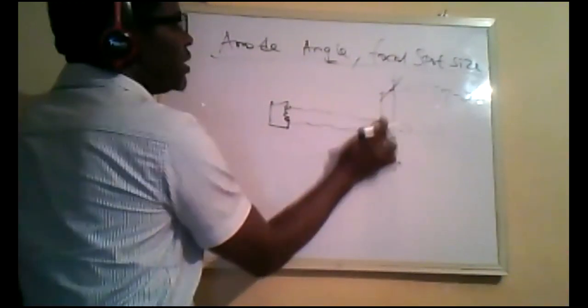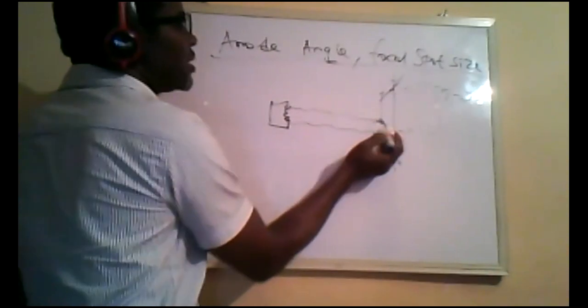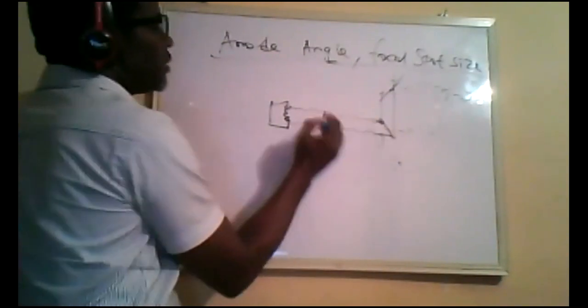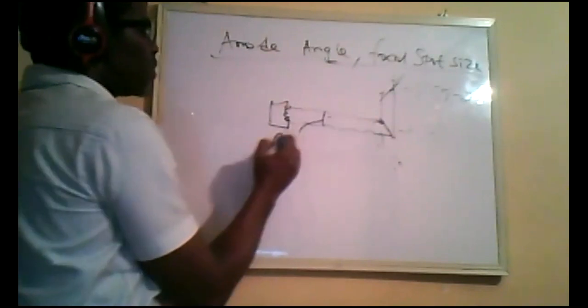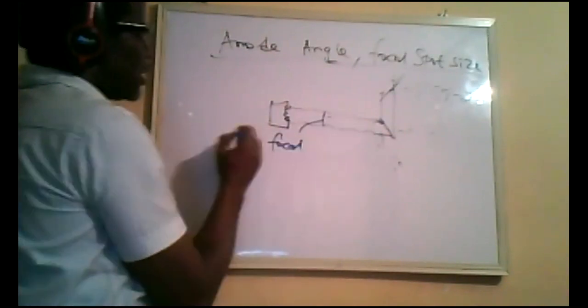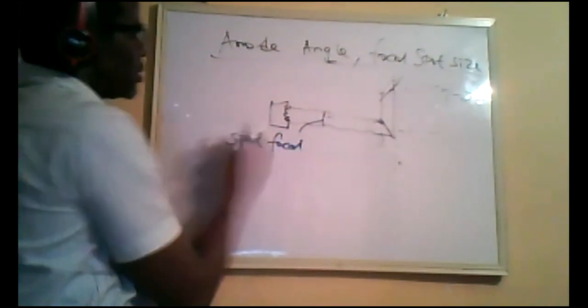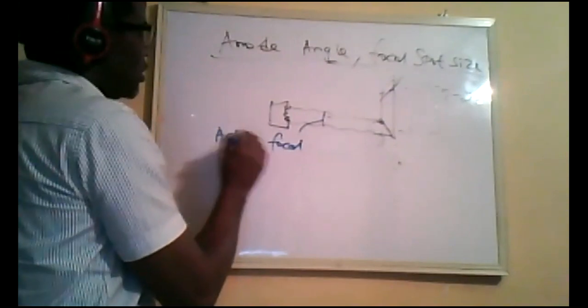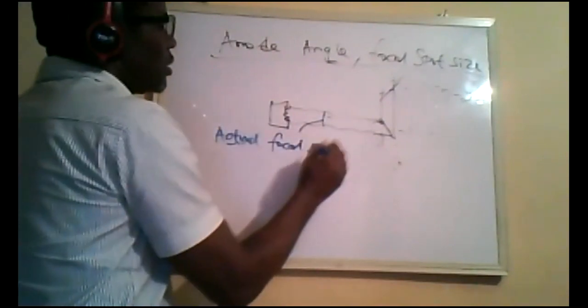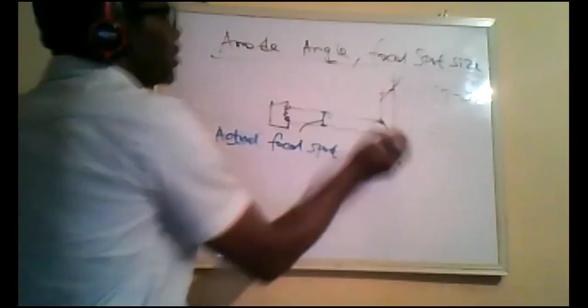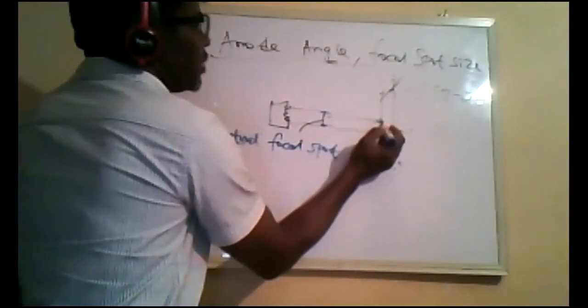Because of the beveled nature of the anode, this is the actual focal spot.